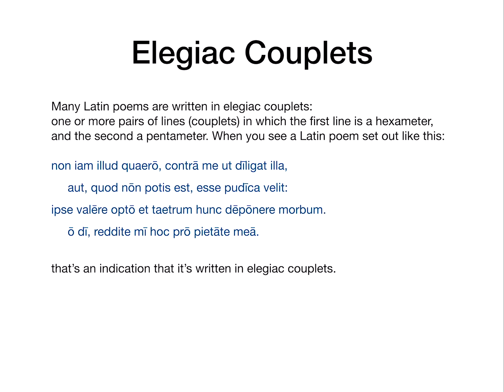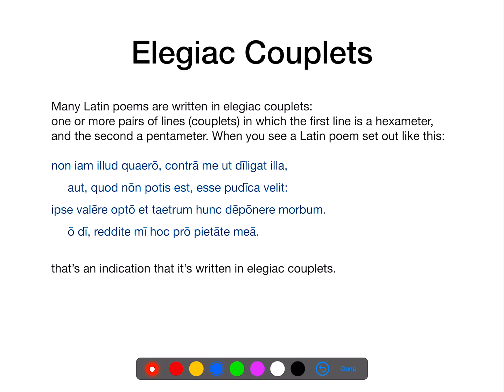So when you see a Latin poem that's set out like this, and this is 4 lines of Catullus' poem 76, you have a line of hexameter and then an indented line of pentameter, a line of hexameter, and then an indented line of pentameter. When you see a poem that's set out like that, that's an indication that what you have is a poem that's written in elegiac couplets in these pairs of lines.